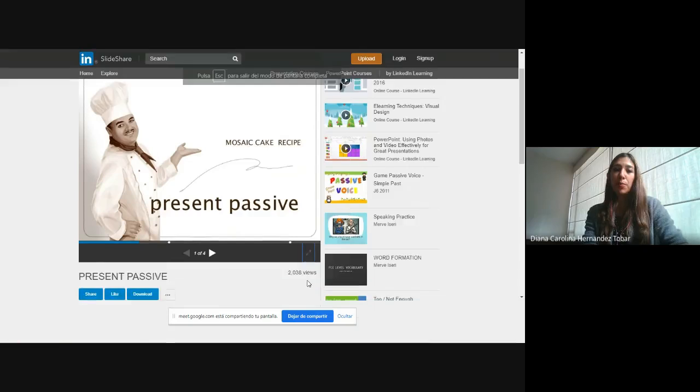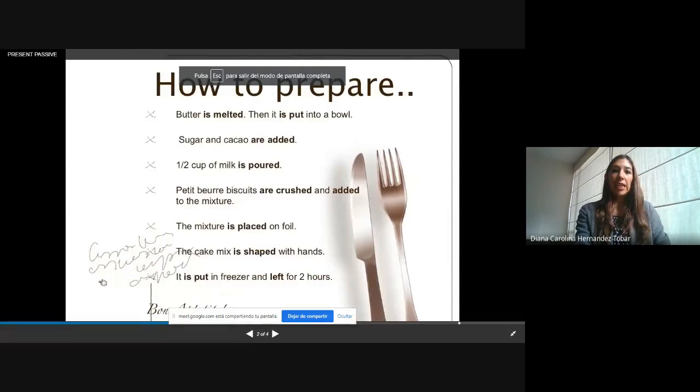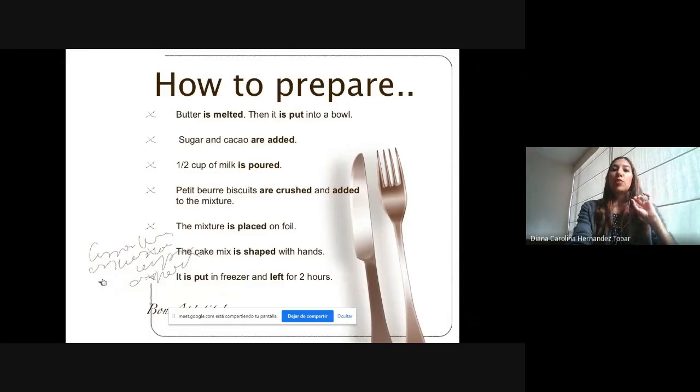Here is another example in present. How to prepare: butter is melted, then it is put into a bowl. Sugar and cacao are added. So if you take a look at the recipe, you have in simple present this structure, passive voice: is placed, is shaped, it is put.